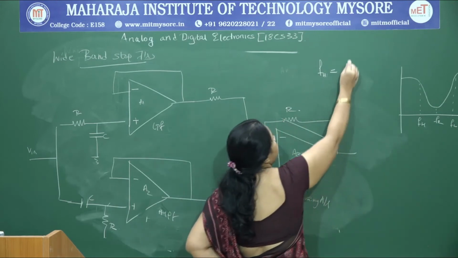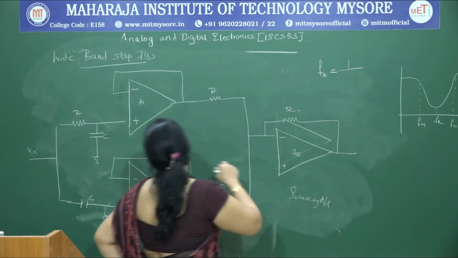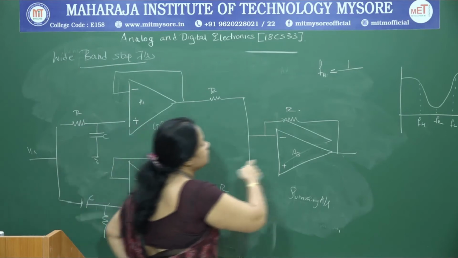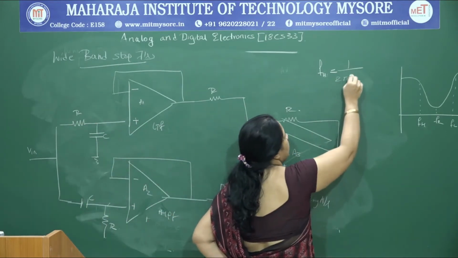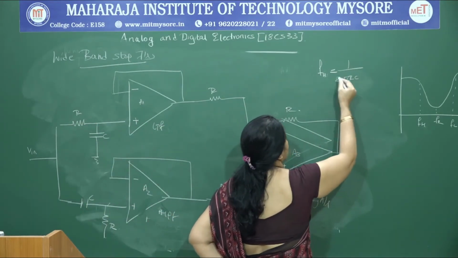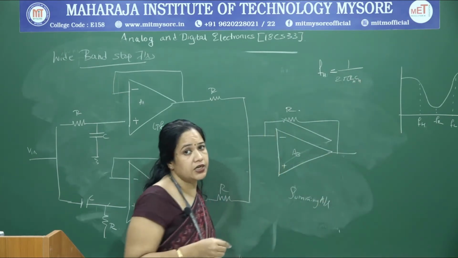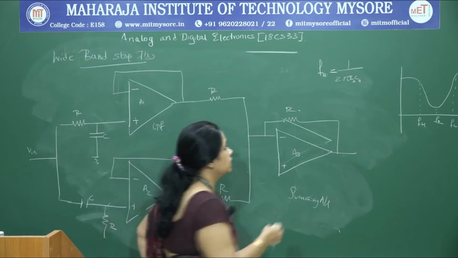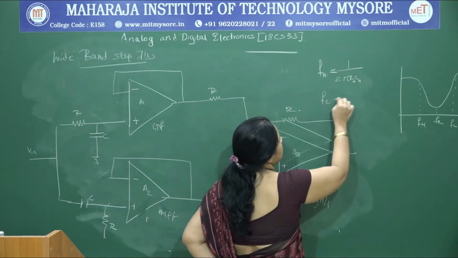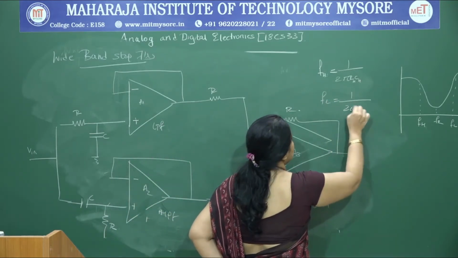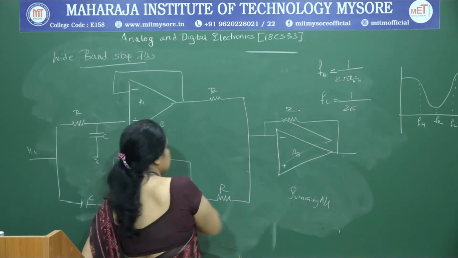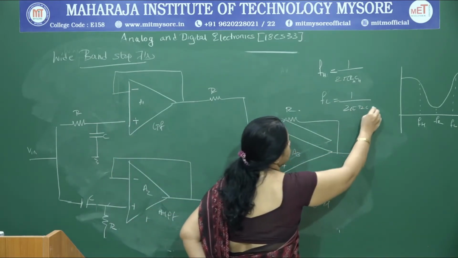So, accordingly FH is dependent on these two, resistance and capacitance. So, it is 1 by 2 pi RC. If you want to differentiate, you can call it RH and CH, indicating it is a low pass filter, and FL is again dependent on resistance and capacitance, again RC.